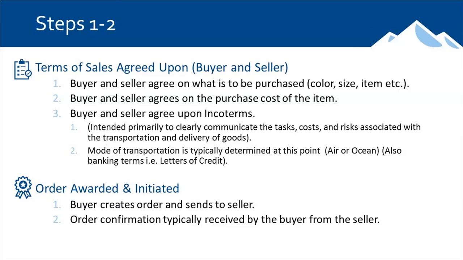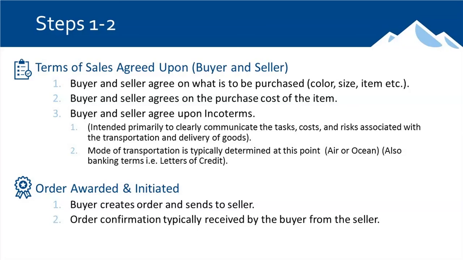Those terms are used primarily to communicate who is responsible for specific charges in the shipment once that shipment is underway into the U.S. Mode of transportation is typically defined at this stage as well. It all depends on how quickly you need the product, whether it moves air or ocean. Banking terms, if you have credit or have to move on letter of credit, are typically defined in the terms agreed upon between the buyer and the seller.